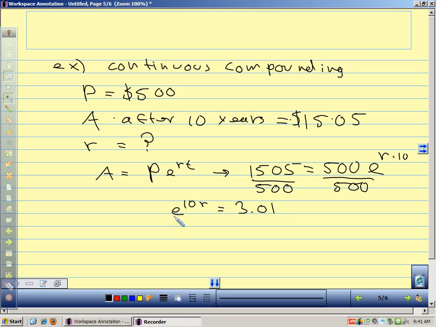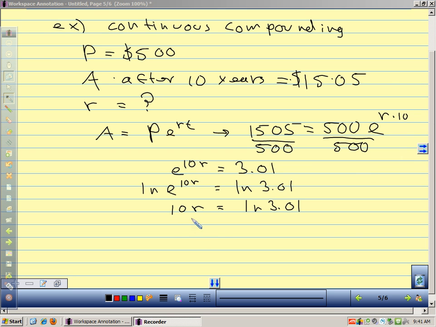Now to get rid of this exponent, I'm going to take the log of both sides, natural log. So 10R equals the natural log of 3.01. The exponent and the logarithm are inverses, so they undo each other. And R finally is the natural log of 3.01 divided by 10.